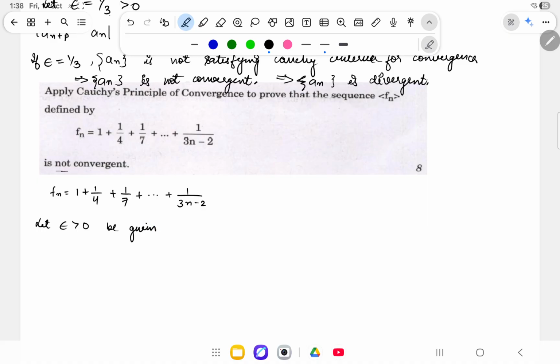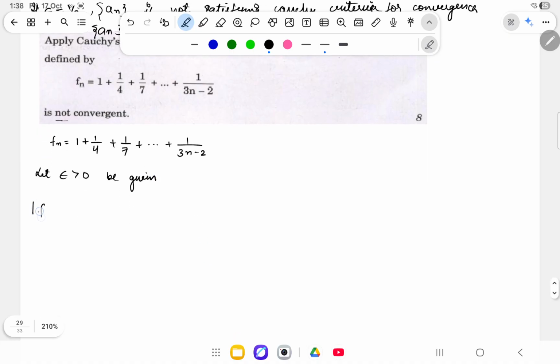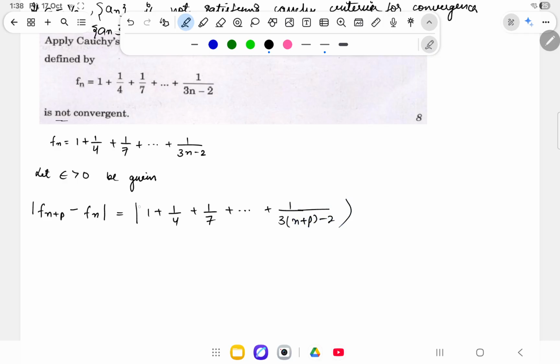Then if we calculate modulus of f n plus p minus f n, what we'll get is modulus of 1 plus 1 by 4 plus 1 by 7 up till 1 by 3 into n plus p minus 2, minus 1 plus 1 by 4 plus 1 by 7 up till 1 by 3n minus 2.